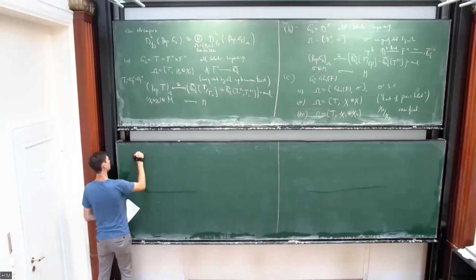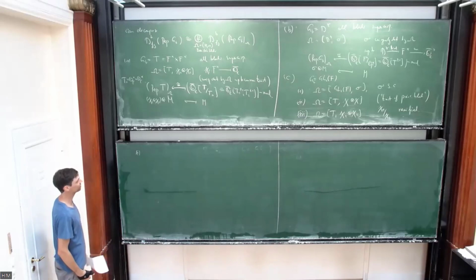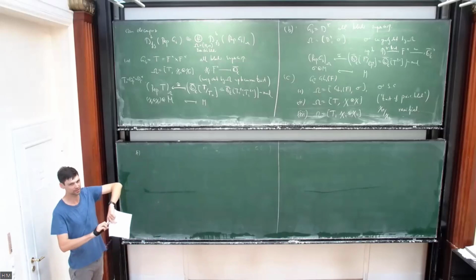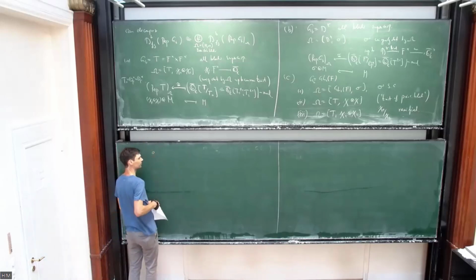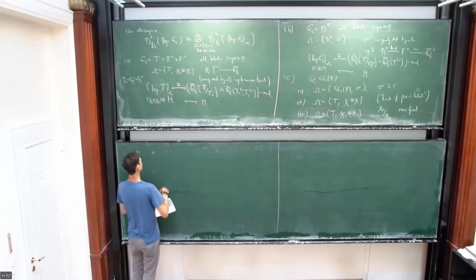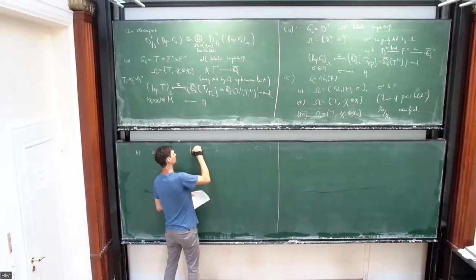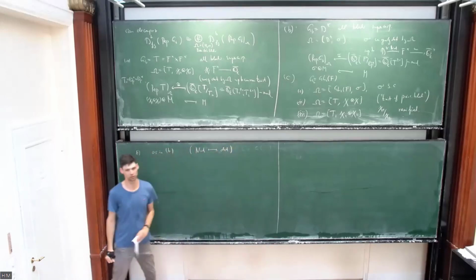Okay, so as I'm running out of time anyway, let me just say that part 1 looks more or less the same as in part B, up to the fact that the reduced norm is determined.